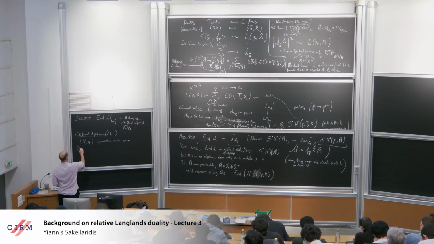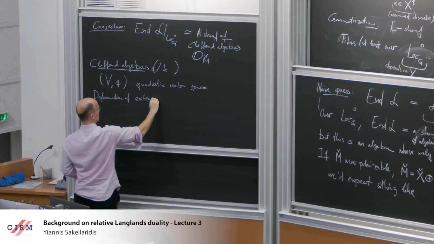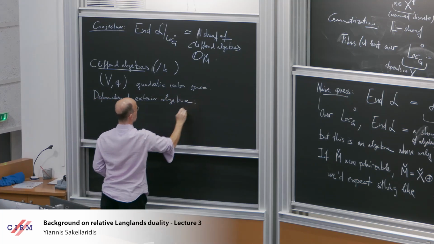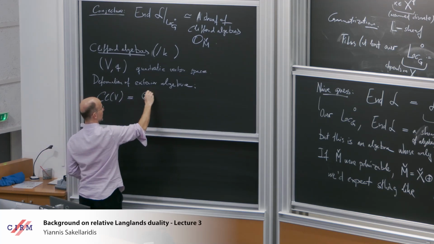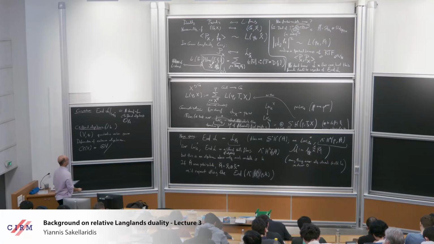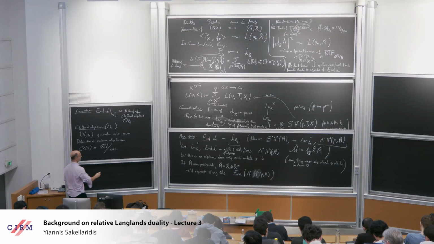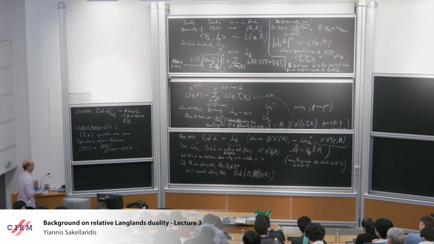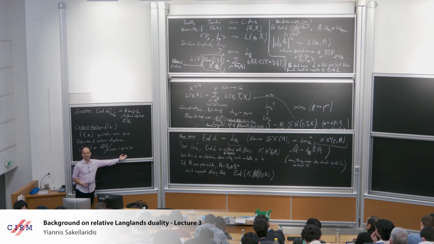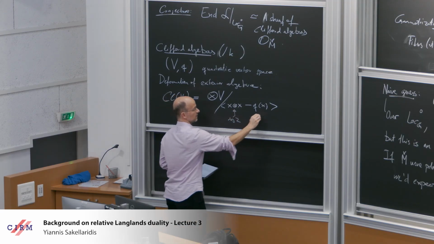So the Clifford algebra of V is defined as the quotient of the tensor algebra of V. Instead of modding out by the relations of the form X tensor X, which you would do for the exterior algebra, you mod out by relations X tensor X minus Q of X. In particular, the Clifford algebra is not graded anymore because this is in degree 2, this is in degree 0.